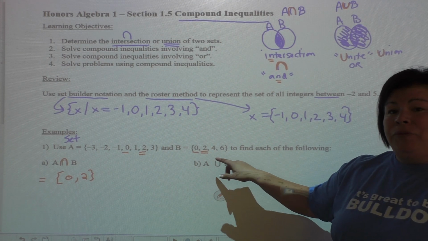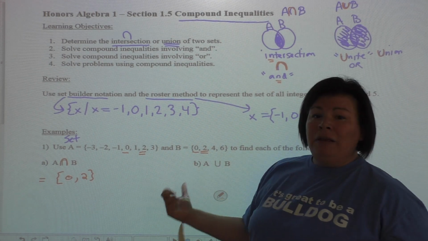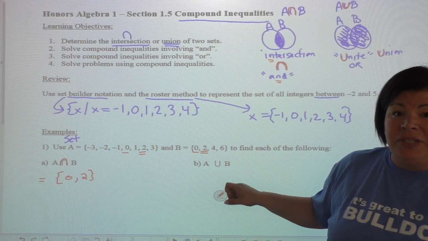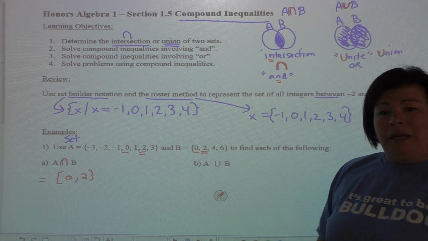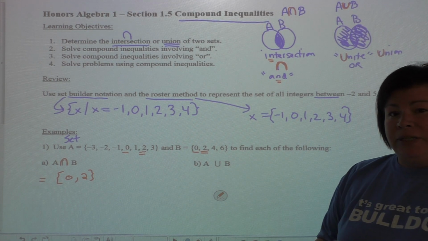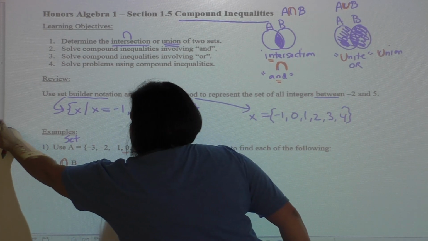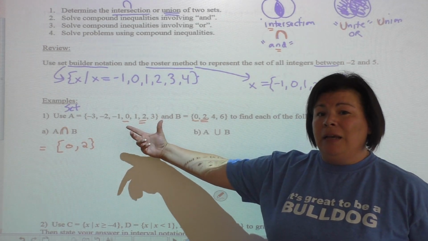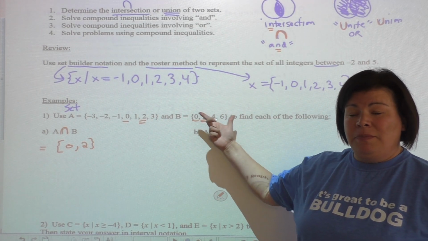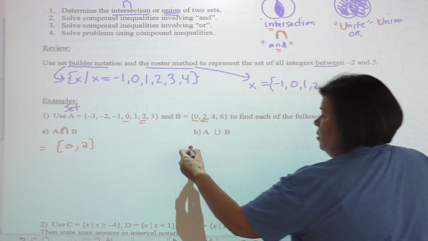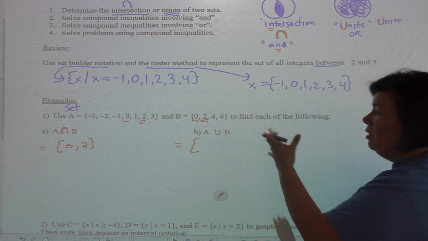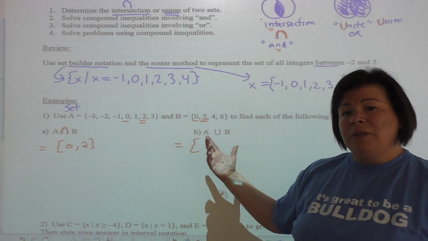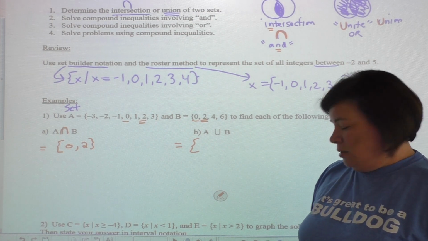Now, A united with B means what elements are in A or also in set B. Since uniting means bring together, that means I want all the elements in A, or I want all the elements in B, or both. So that means we are going to bring all of these answers together. Now, we know that there are some overlapping ones. We don't need to state them twice.